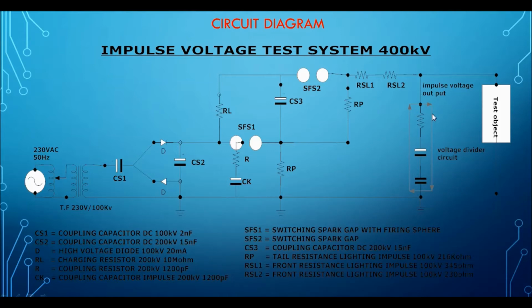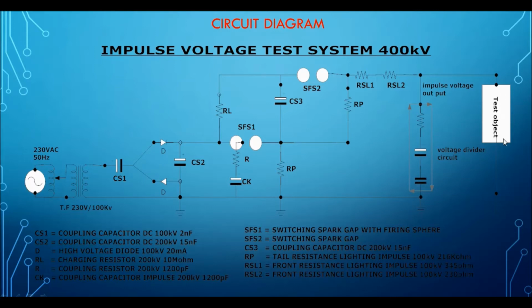The impulse generator consists of three main circuits: one is the transformer, another is the voltage doubler circuit, and third one is the Marx circuit. And you can see this is the voltage divider.